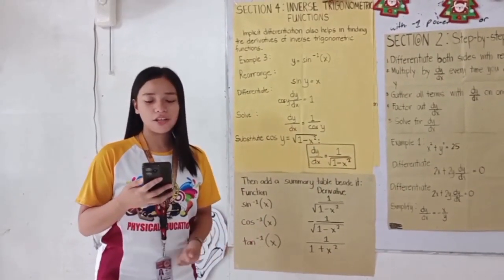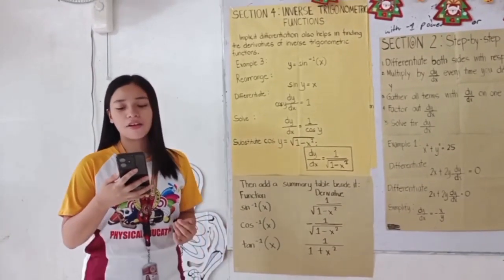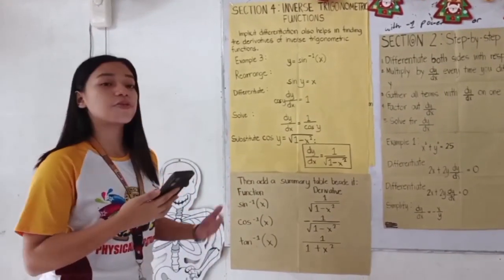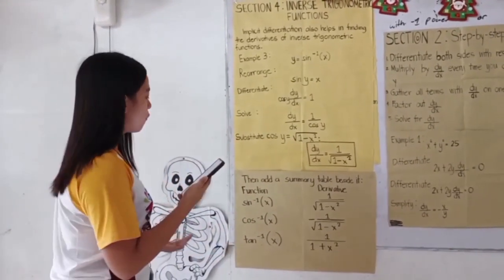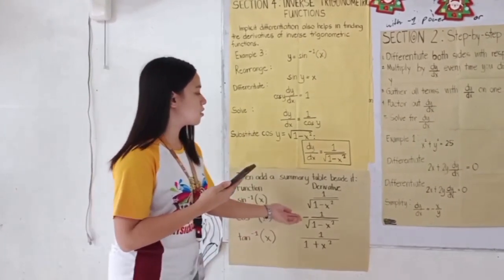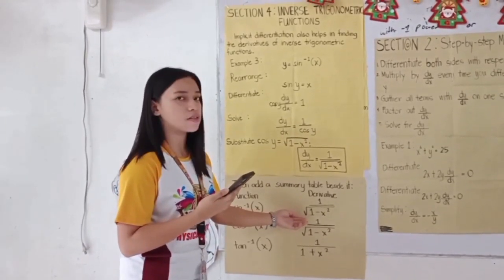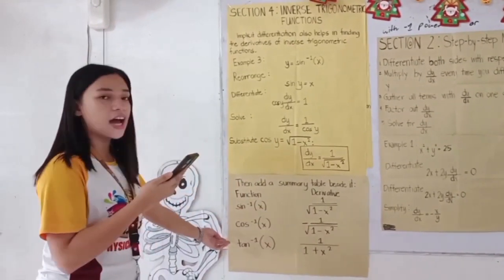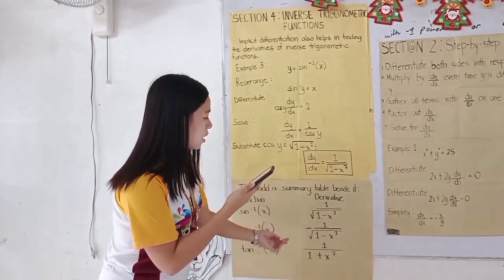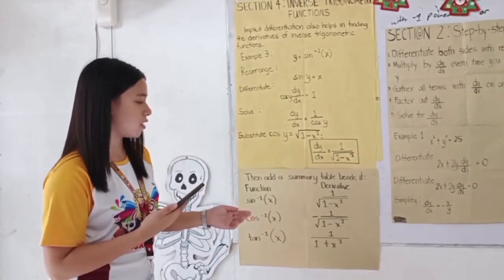Beside the solution, we have a summary table of inverse trigonometric functions and their derivatives. So let's read it one by one. For sine inverse of x, the derivative is positive 1 over square root of 1 minus x squared. For cosine inverse of x, the derivative is negative 1 over square root of 1 minus x squared.